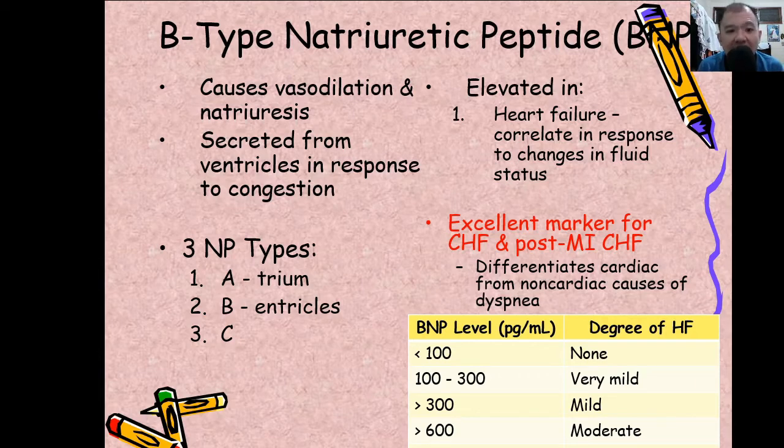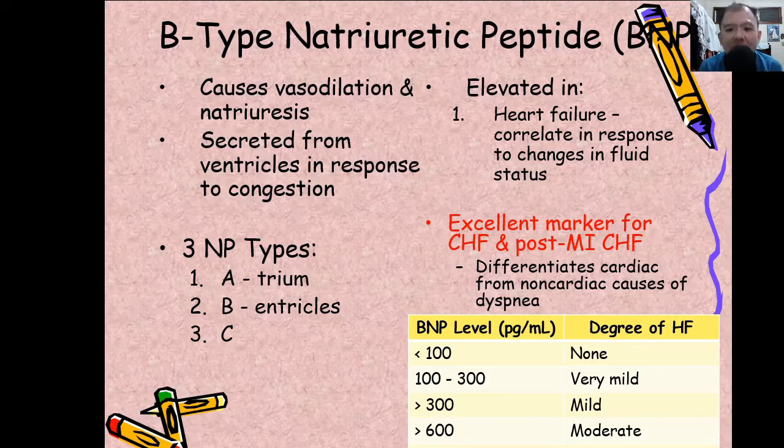There are three types of natriuretic peptide. You have ANP coming from the atrium, BNP coming from the ventricle, or CNP, which is a less studied natriuretic peptide. BNP is elevated in cases of heart failure.